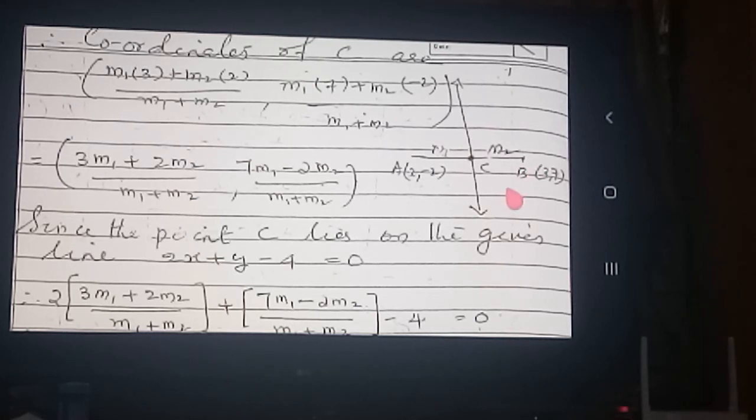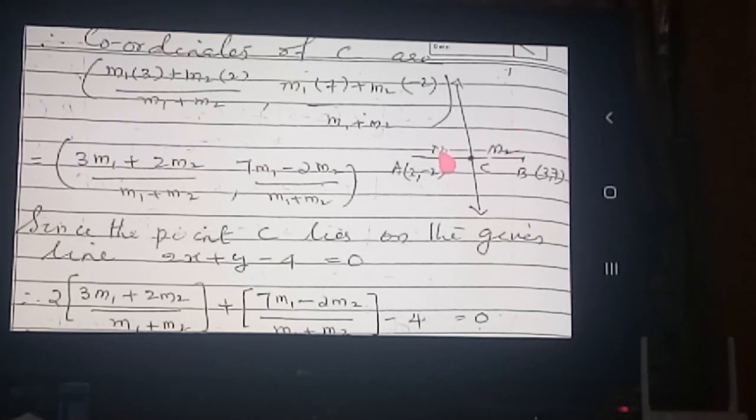This line segment AB is divided by another line L. What is the equation of this line? 2x plus y minus 4 equal to 0. This line and this line segment are intersecting at a point C. This point C divides the line segment joining AB in the ratio m1 is to m2.